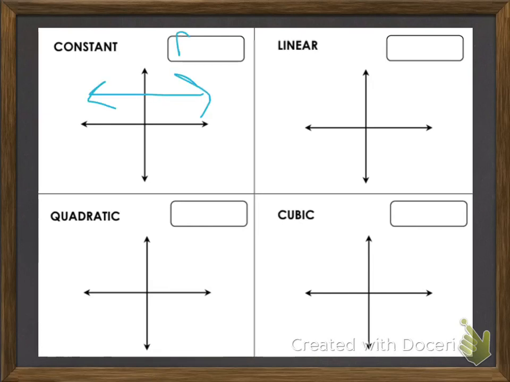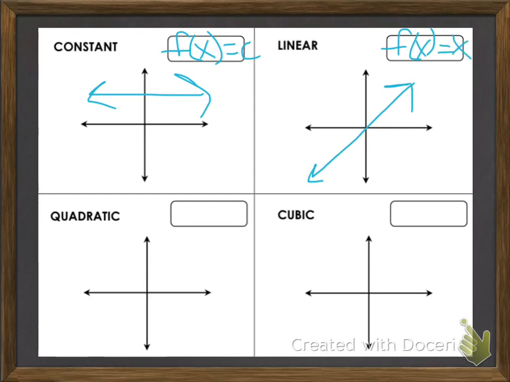So that would look like f of x equals c, the c representing just some number. If it is a linear parent function, then it's going to be a diagonal that's going in the positive direction, and it cuts through the origin. That looks like f of x equals x.